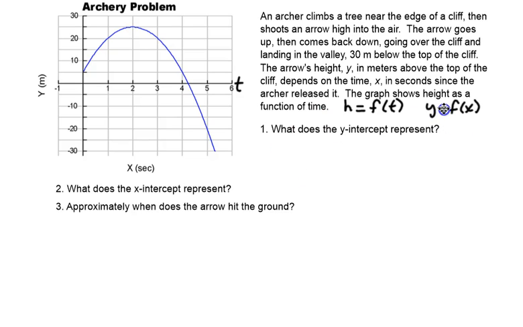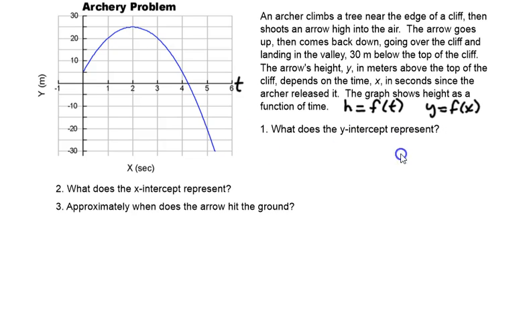That would be another way of showing it. So this is time in seconds, this is height in meters above the cliff. So notice when the arrow, or when the y value is negative, that means it is below the top of the cliff. So this is above the cliff and this has gone over the cliff.